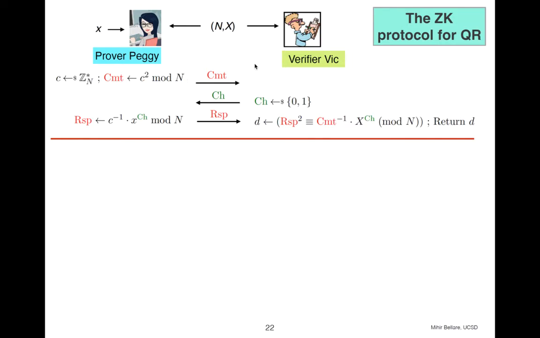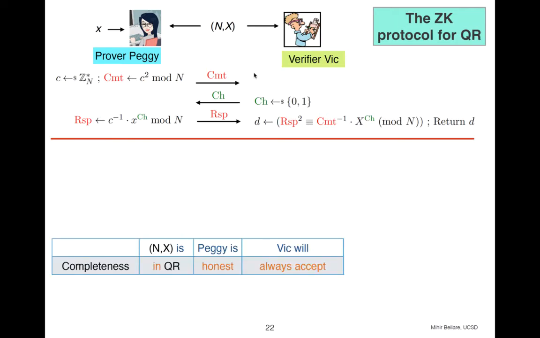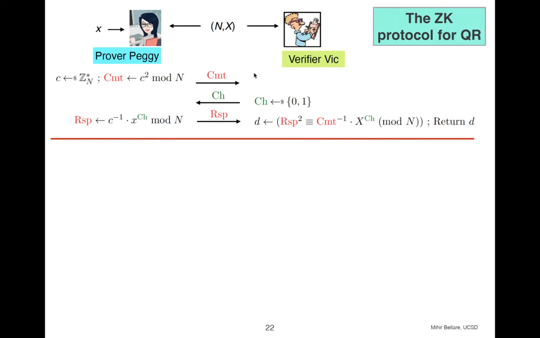At this point, Vic gets this, and it's quite meaningless in the sense it has no relationship to n or x, so he learns nothing from this. But nonetheless, at this point, the implicit claims that we wanted to think about earlier have been made. In other words, at this point, Peggy is implicitly saying, I'm claiming this is a square, and I'm claiming that x times this inverse, which we call y, is a square.